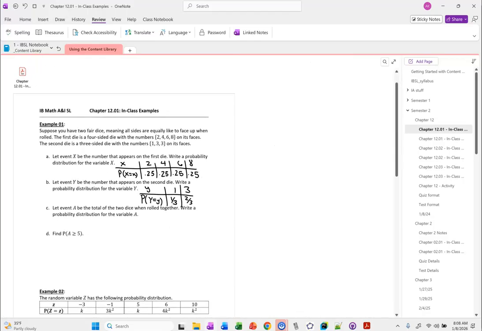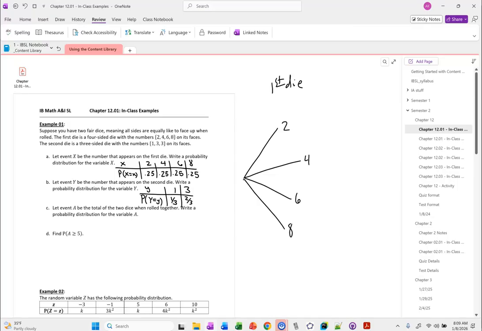So let's draw a tree diagram to handle this. So I'll draw my first set of branching. Is my first die. Does it feel good? Okay.